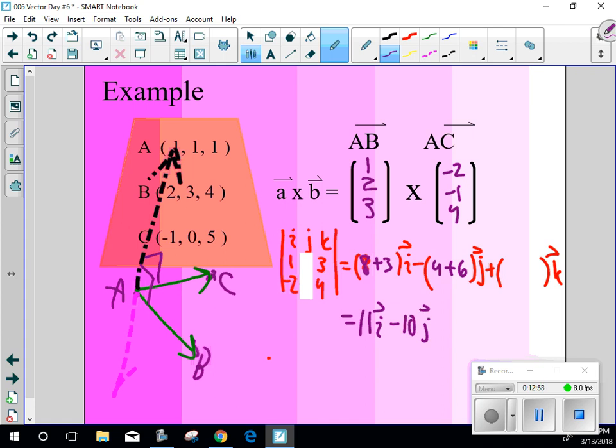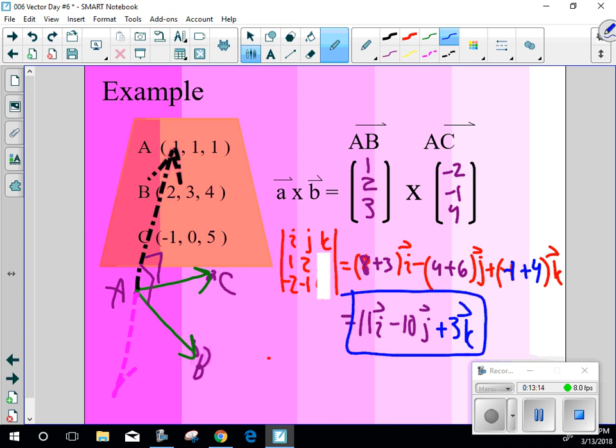And then the last one, we just go -1 minus a -4, which will actually be 3. This guy here is the vector that's perpendicular to both. We're going to call it the normal vector.